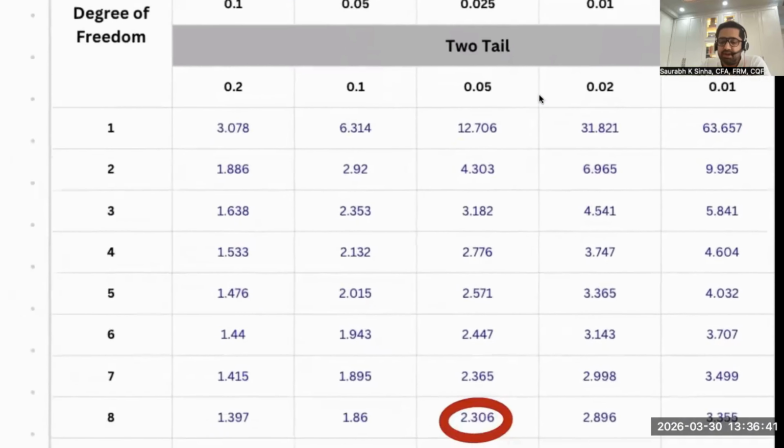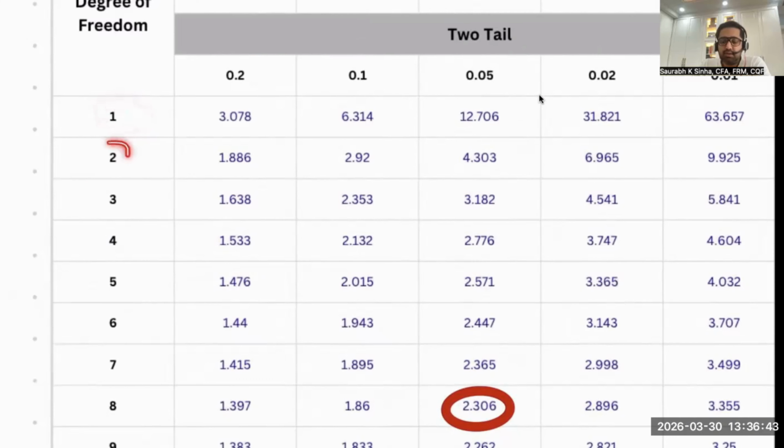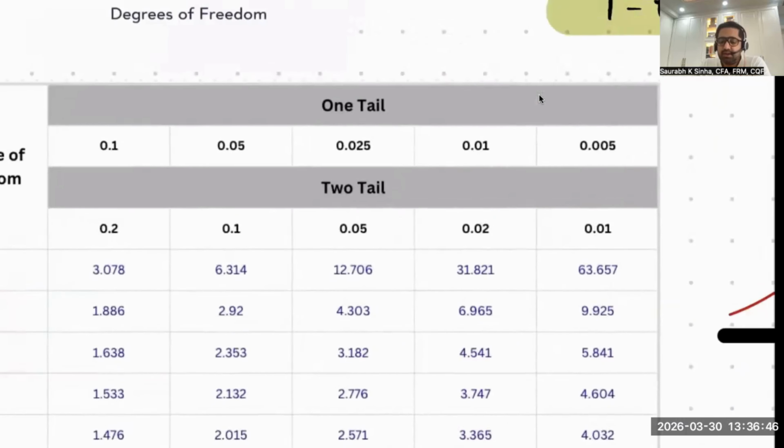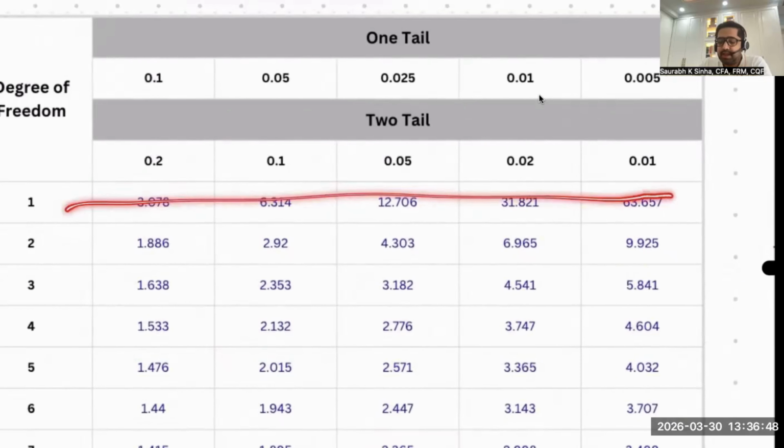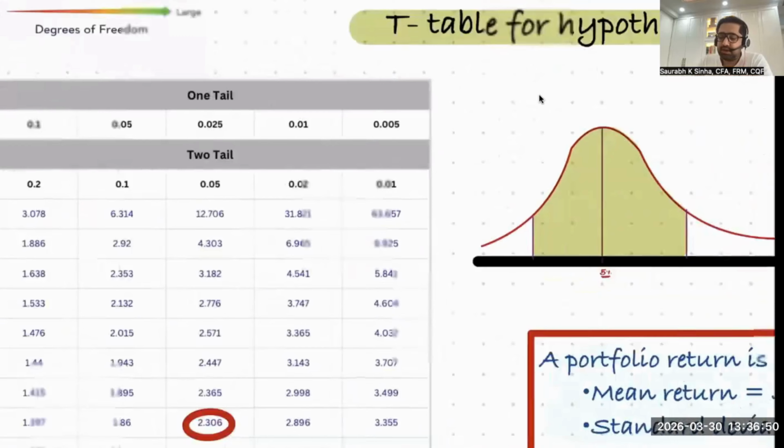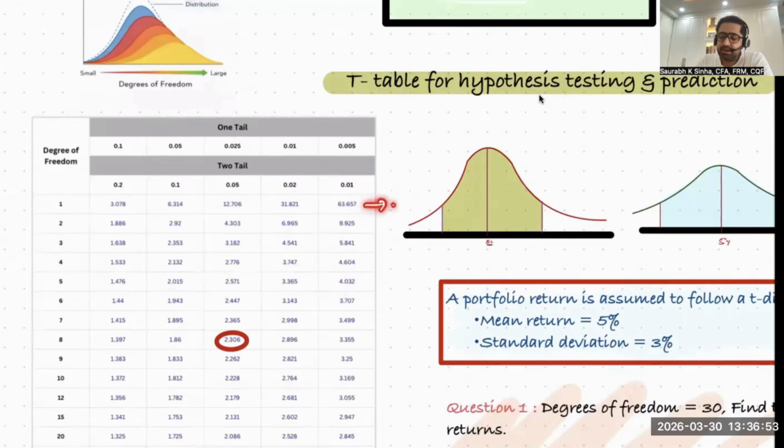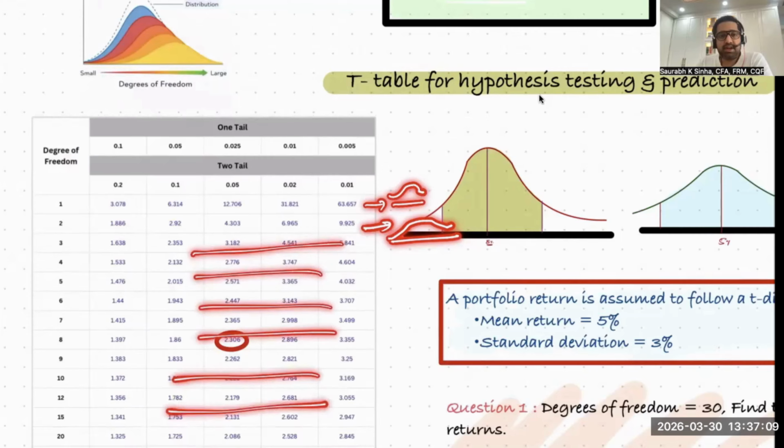So see what is happening in this table. 1 degree of freedom, 2 degrees of freedom, 3 degrees of freedom. So this complete row represents one distribution. And you have a different shape of distribution in different rows, because every row represents a different shape of the t-distribution.